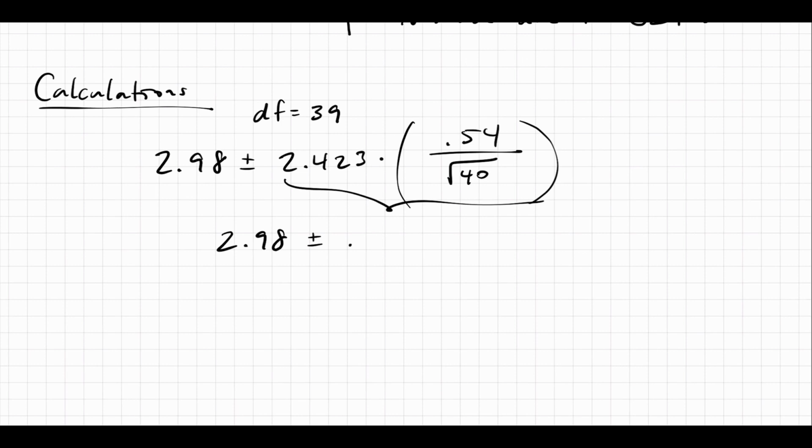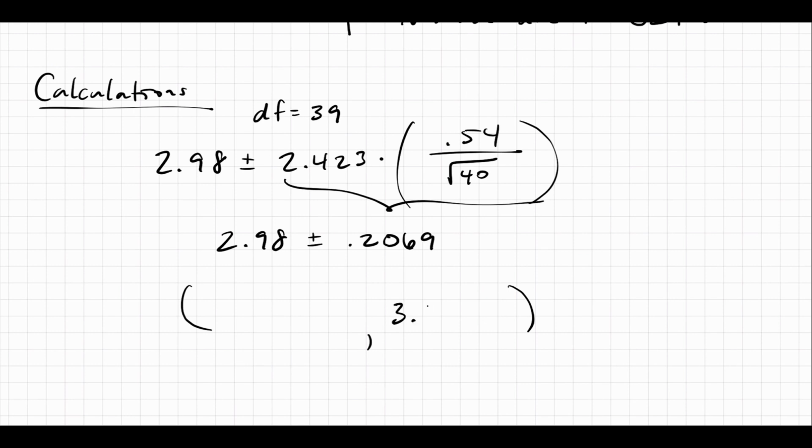So my margin of error I get is 0.2069. Okay, so we're going to add those two numbers and subtract those two numbers to come up with our interval. So 2.98 plus 0.2069.